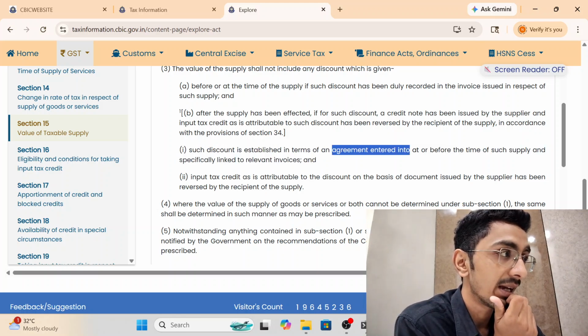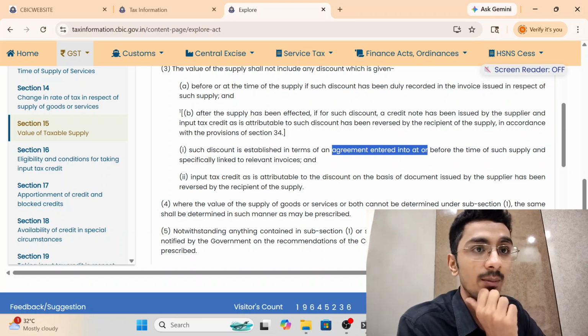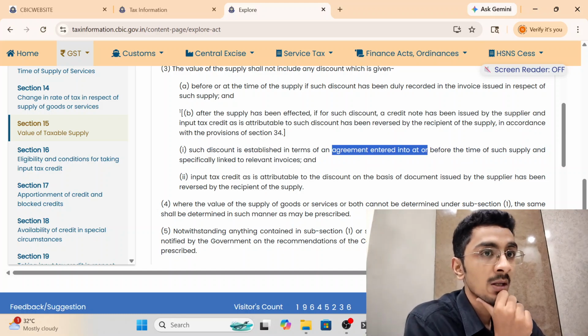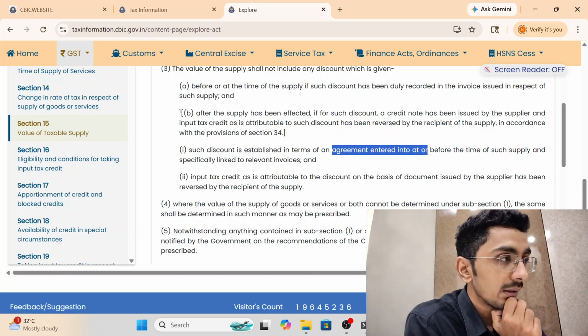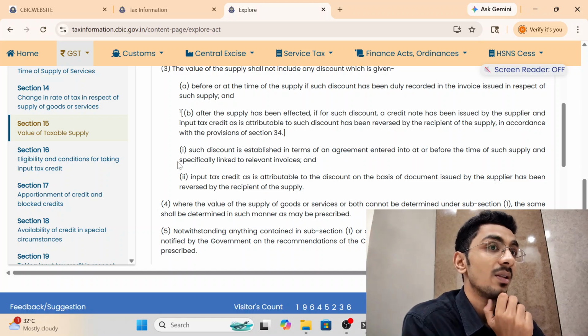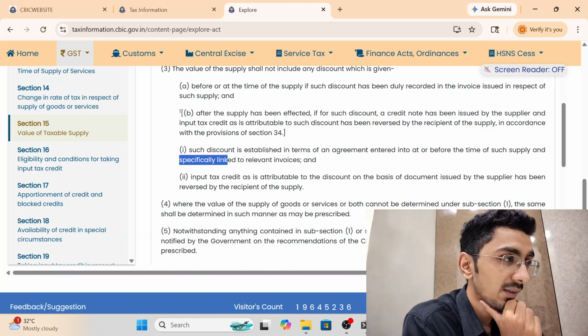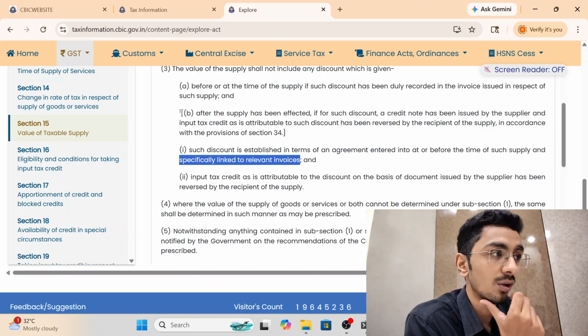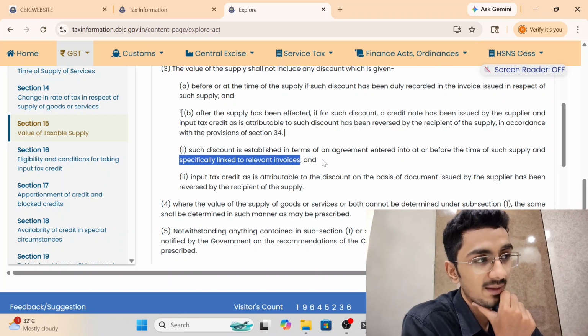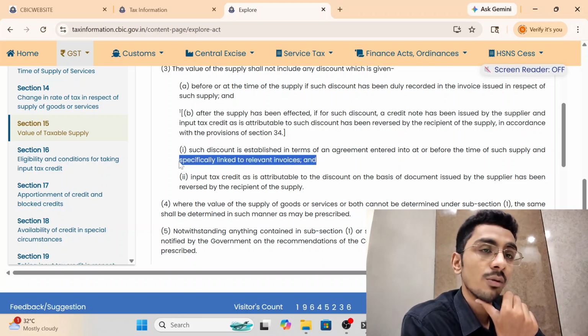They are happy that the agreement component is now not required because it's a benefit for them. They don't have to prove to the officer where the agreement is, where it is stated. But there's some confusion regarding this component, the specific linkage of relevant invoices. Many people believe that even this provision is eliminated.